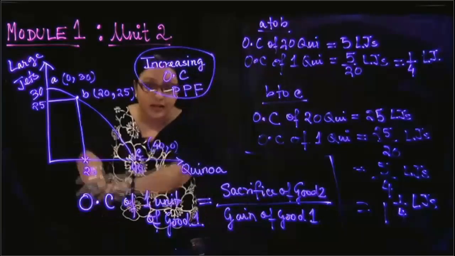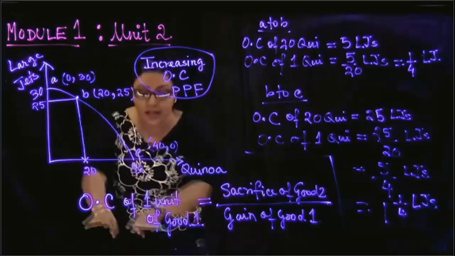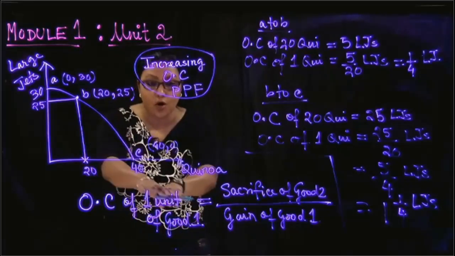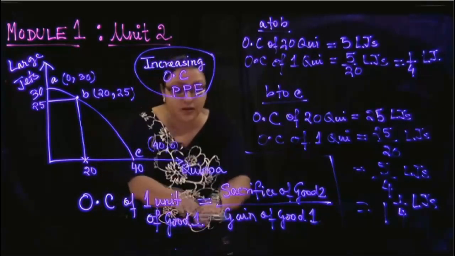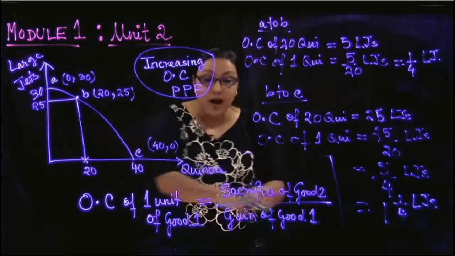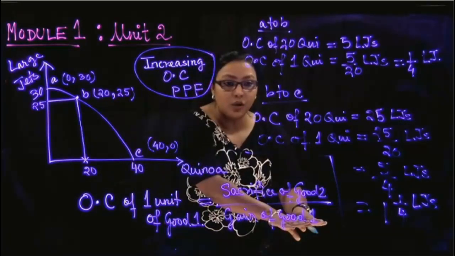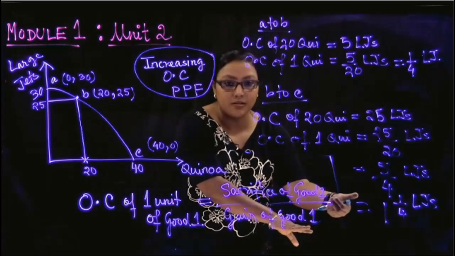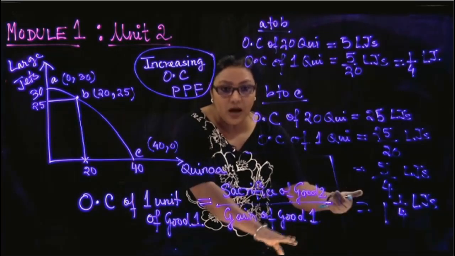So according to this example, the opportunity cost of 1 unit of quinoa is equal to the sacrifice of largettes divided by the gain of quinoa, in units of largettes, the other commodity.